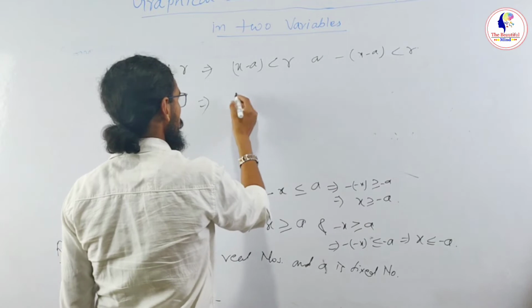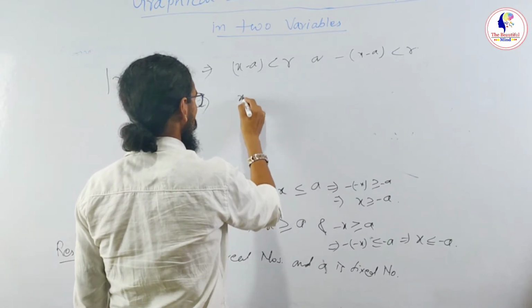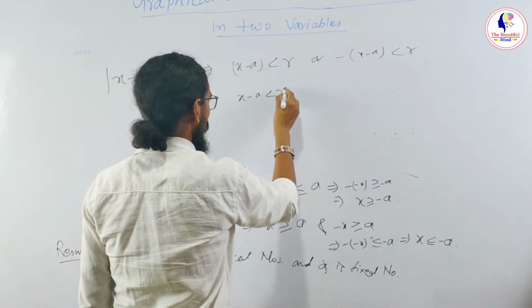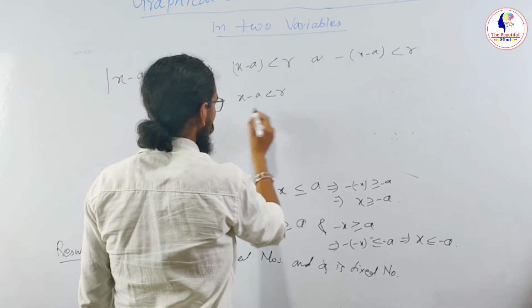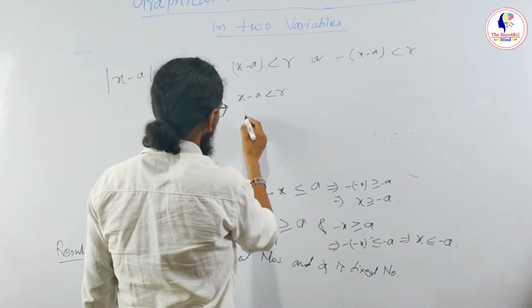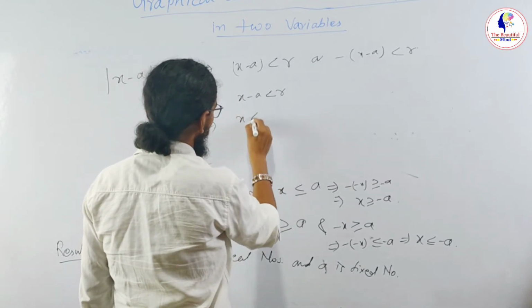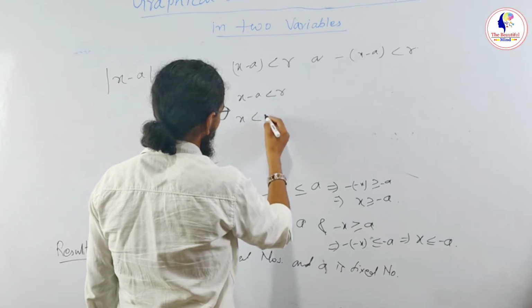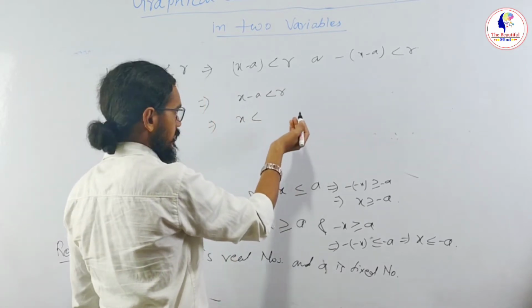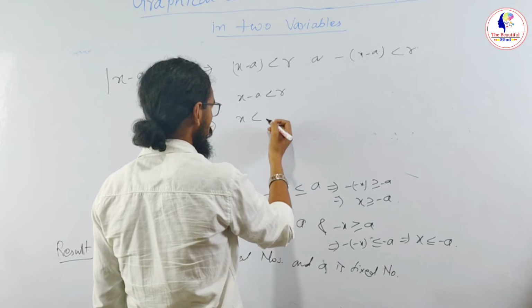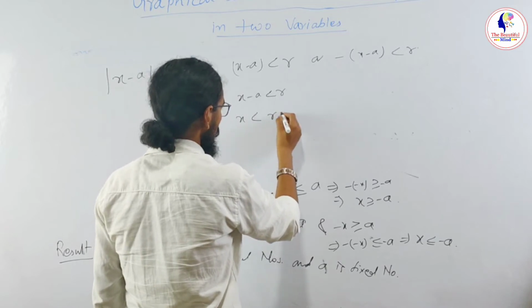This implies that x minus a less than r implies that x less than, the a will go that side, so it will be converted into positive, so r plus a.